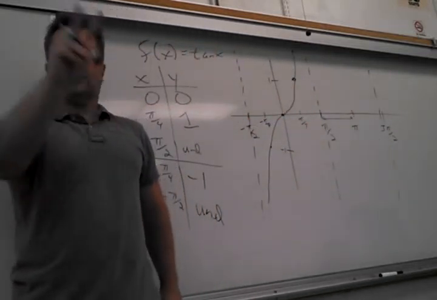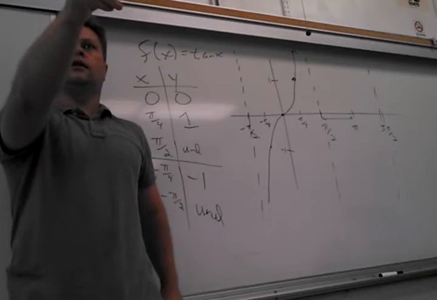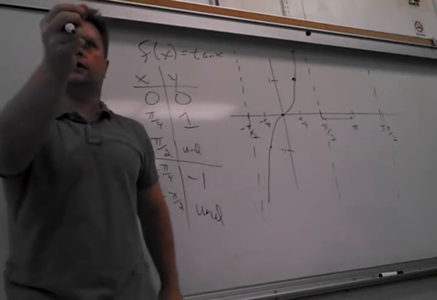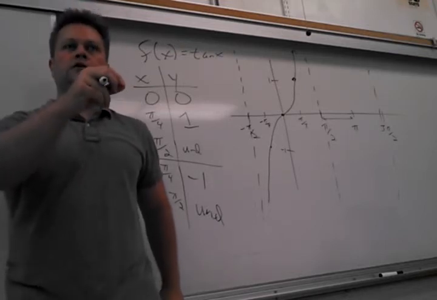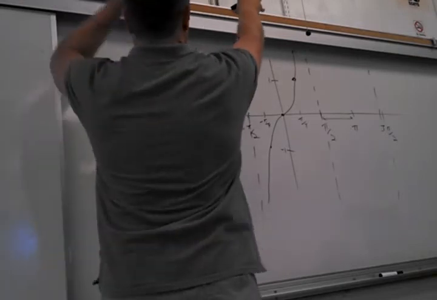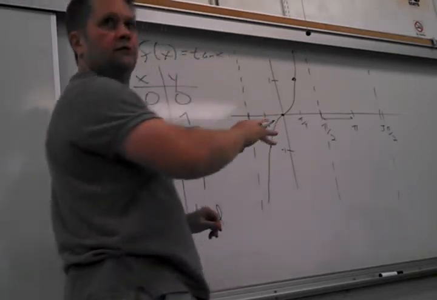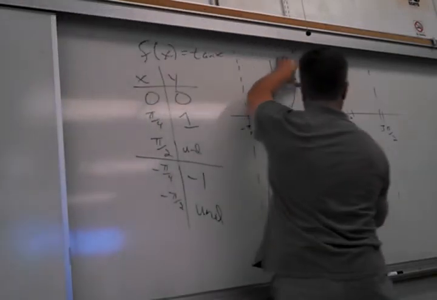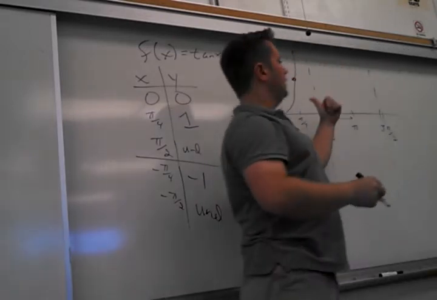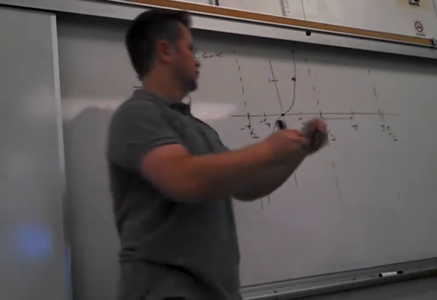Second quadrant, right? In that quadrant, there are different signs, aren't there? So it's going to go negative. So tangent goes positive, negative, positive, negative. It's going to repeat that same shape forever.